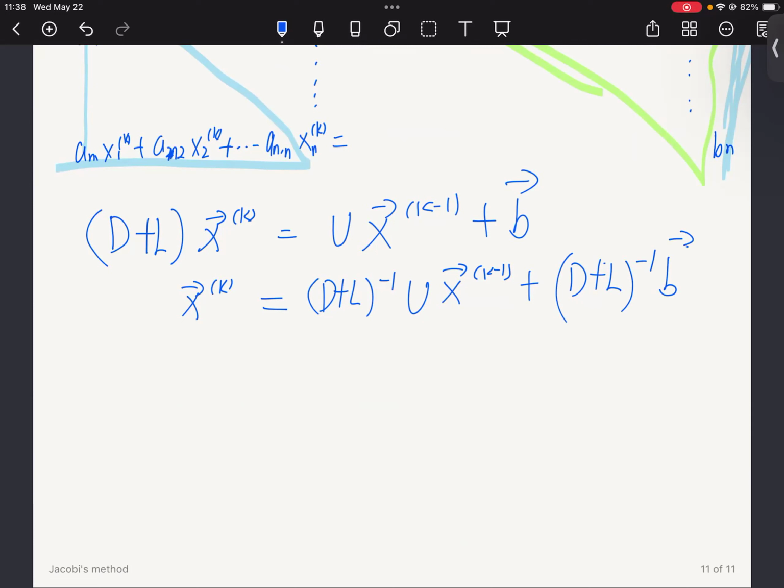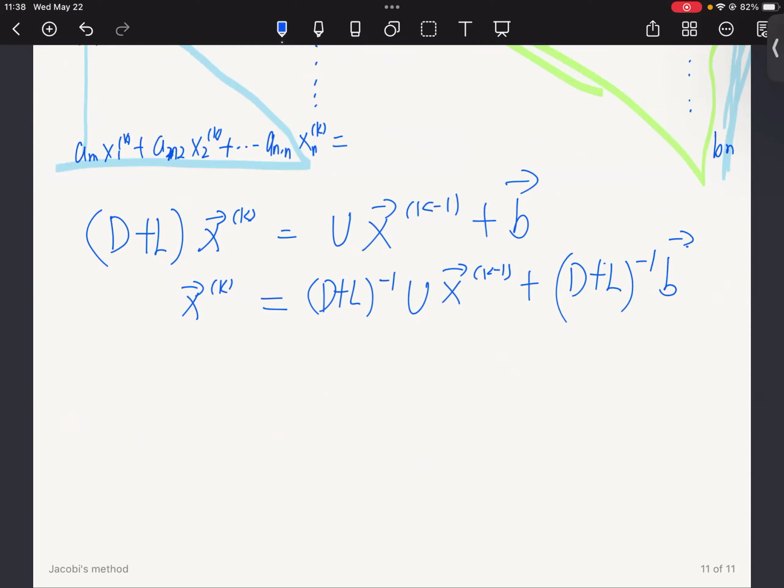You can see this is somewhat different from the component-wise formula, where we have the k terms on the right. But if we write it in the simple and clear matrix format, we just have the k minus 1 terms on the right-hand side, with matrix multiplication here.